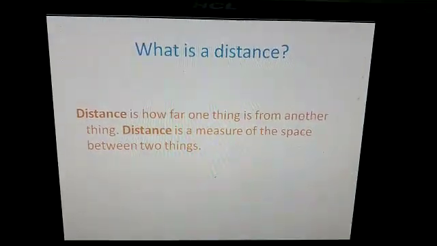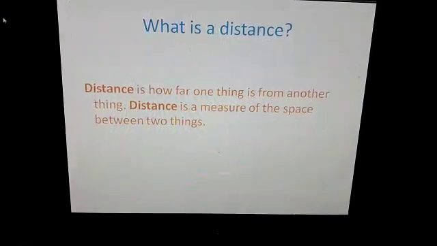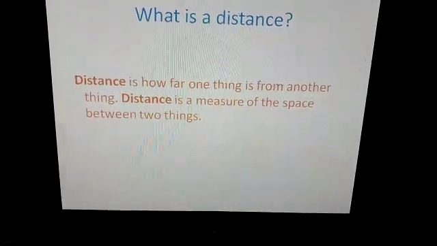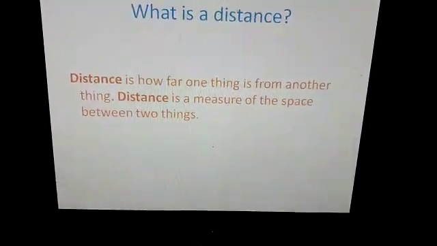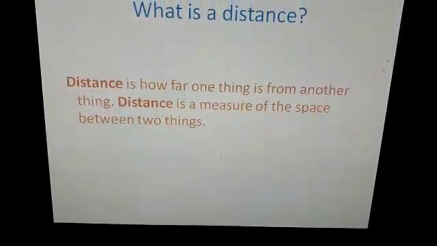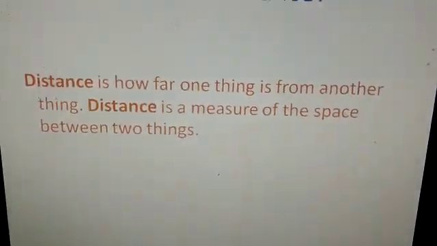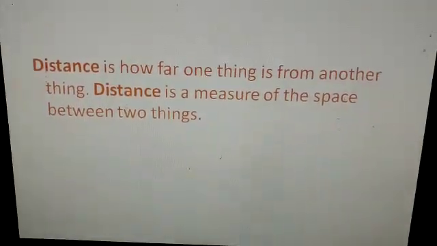What is distance? Distance is how far one thing is from another thing. Distance is a measure of the space between two things.